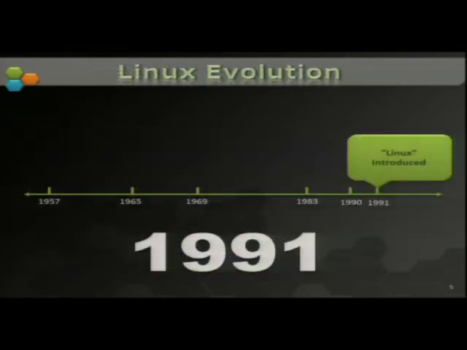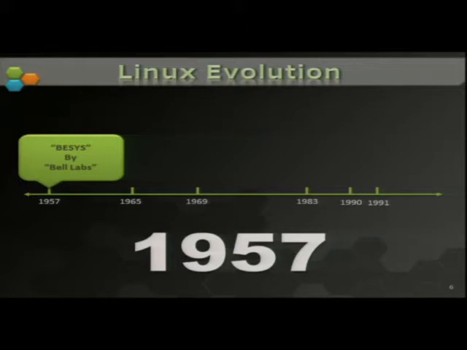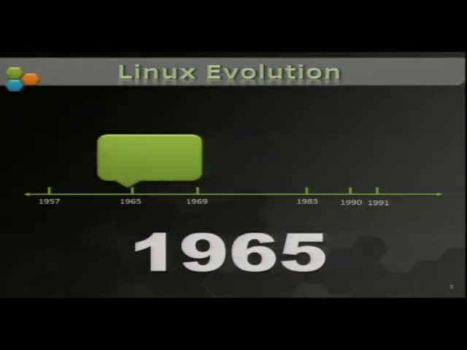So Linux was introduced in the market in 1991, but there is a whole history before 1991, which started in 1957. It will be fast, don't worry, it will not take that much time. An operating system called BESYS was developed by Bell Labs, a communication company, in 1957. After that, in 1965, another operating system based on BESYS was developed called Multics.